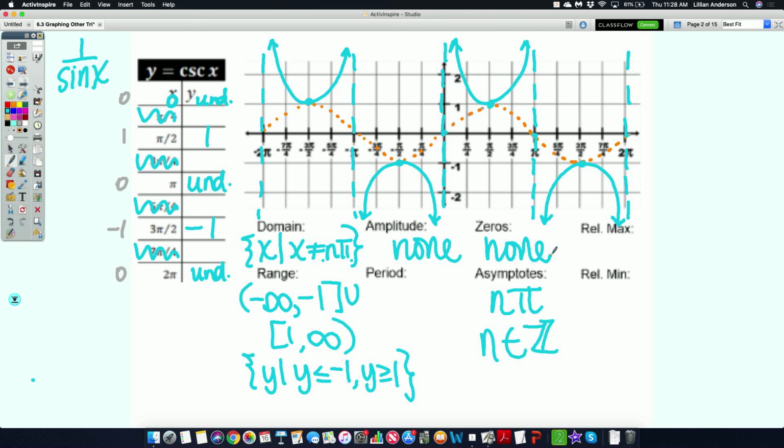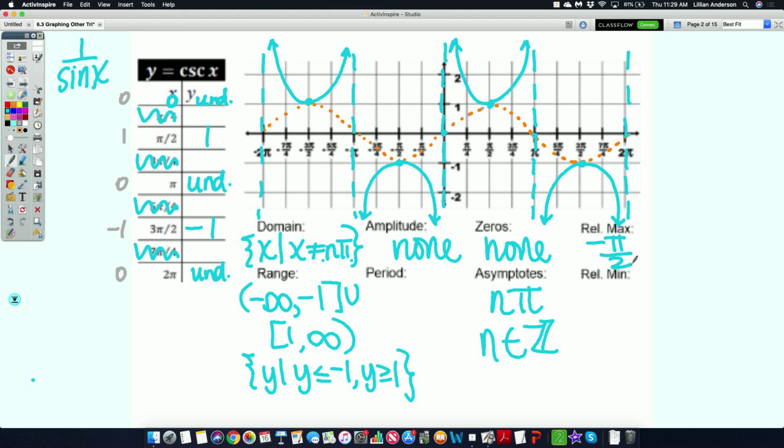However, we do have some maxes, don't we? Where does one of your maxes occur? The x value. Negative pi over 2. So one occurs at negative pi over 2, but there's multiple relative maximums on this graph.